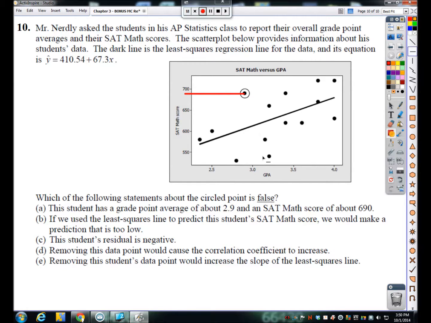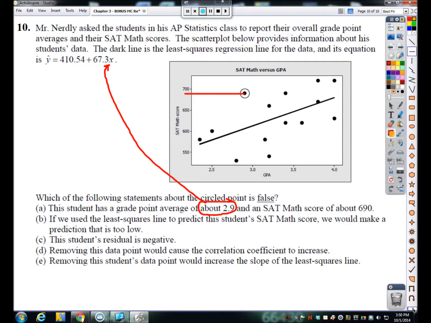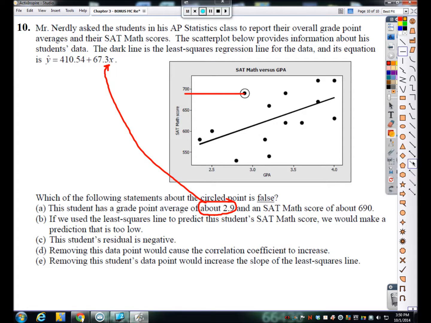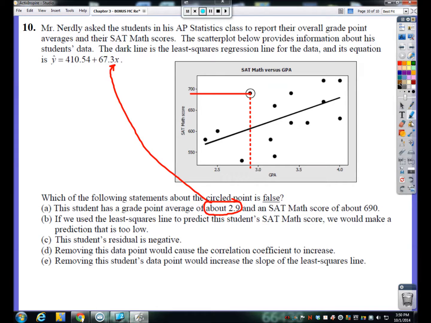So we could use the 2.9 GPA and plug it into X to get the prediction and compare that to 690, but we don't really have to do that because the LSRL is our predicting line. So if I were to go straight down to about 2.9, where does that hit the LSRL? Well, it hits it around right here.